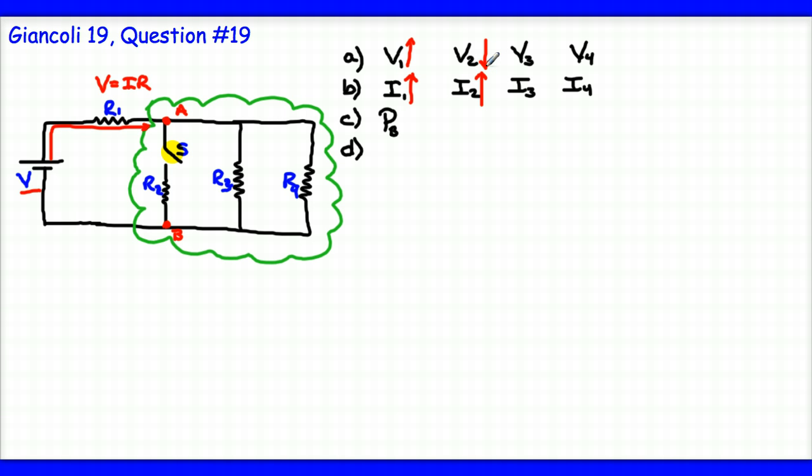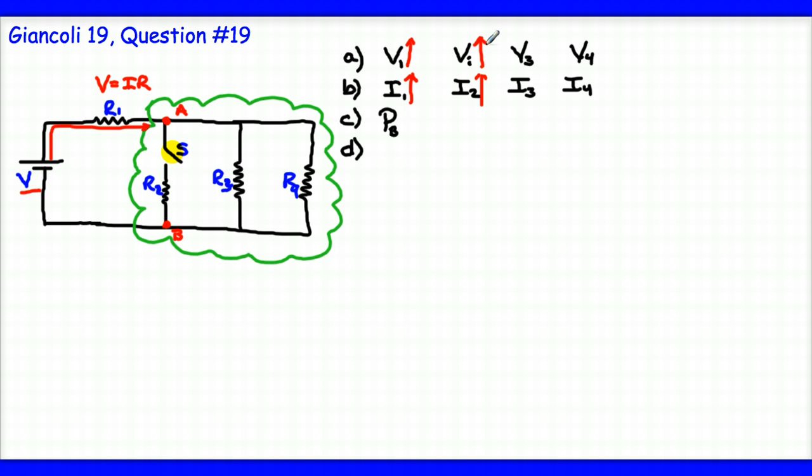Now, previously the switch was open, so there was no current flowing through the resistor R2, and now there is. So let me go ahead and revise that. Since there was no current flowing through there, and now there is, the voltage drop across R2 has technically increased.